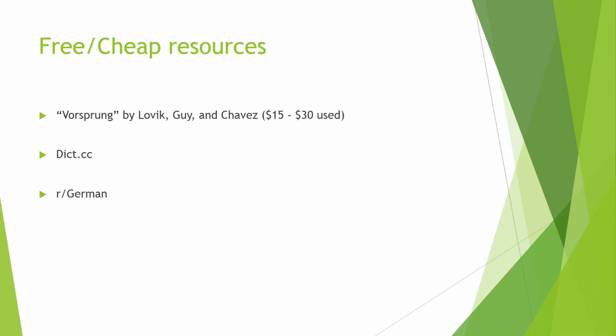So I'd like to give you some free and cheap resources that you can use to further your German learning. The textbook that we use in my class is called Vorsprung, and it's by three people named Lovig, Guy, and Chavez. It's about $15 to $30 used. It's fairly cheap. It's very thorough, and it covers pretty much up to the third level German course.